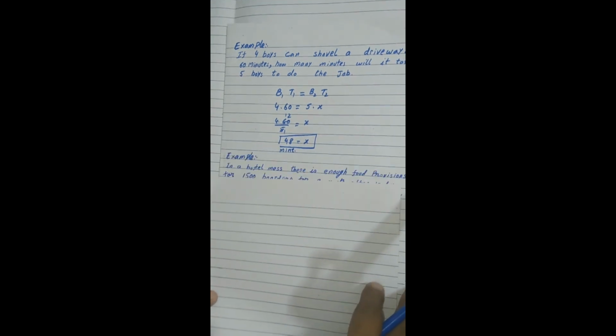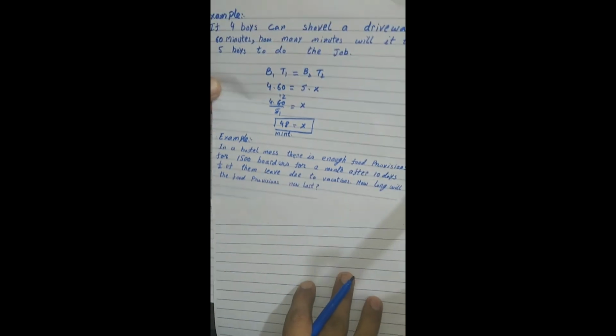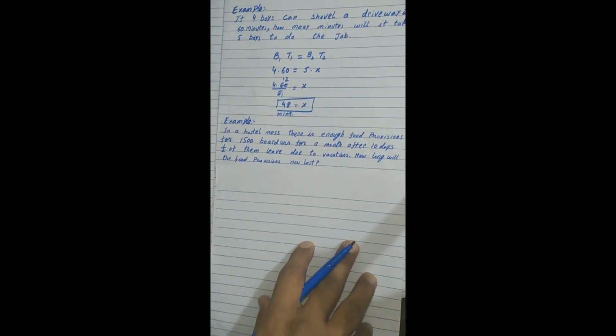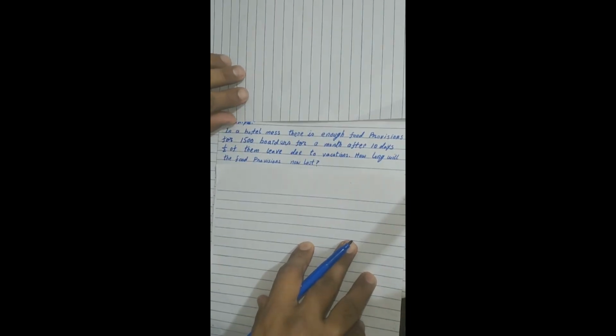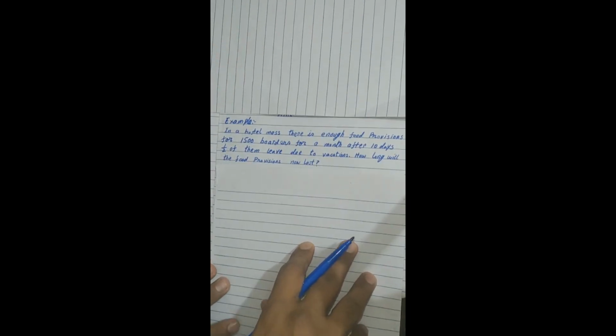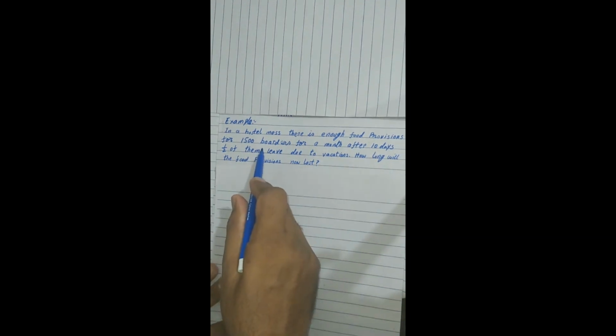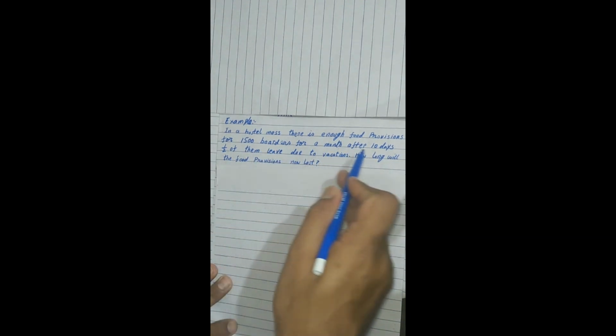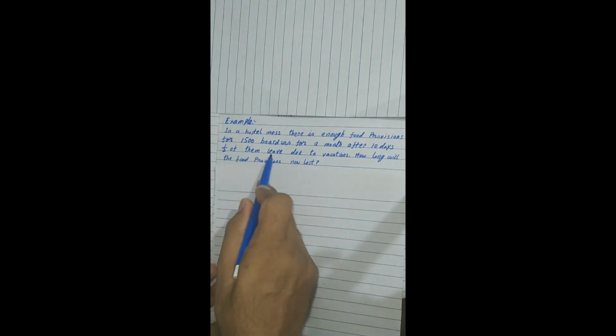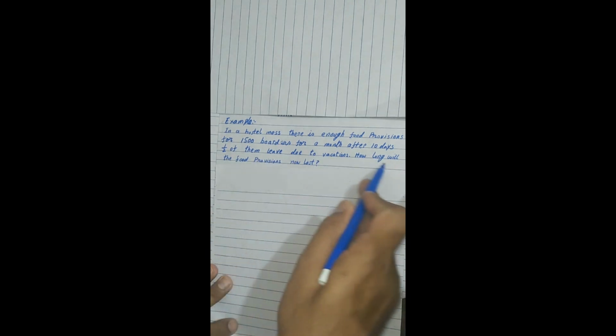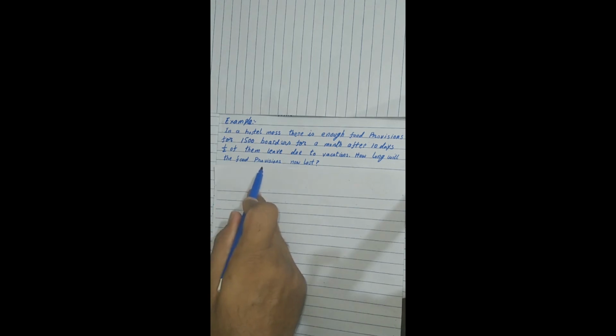The second example is, let's say, in a hotel mess there are enough food provisions for 1500 boarders for a month. After 10 days, half of them leave due to vacation. How long will the food provision now last?